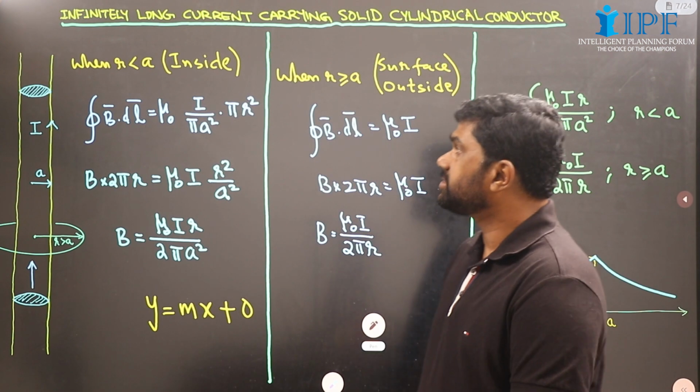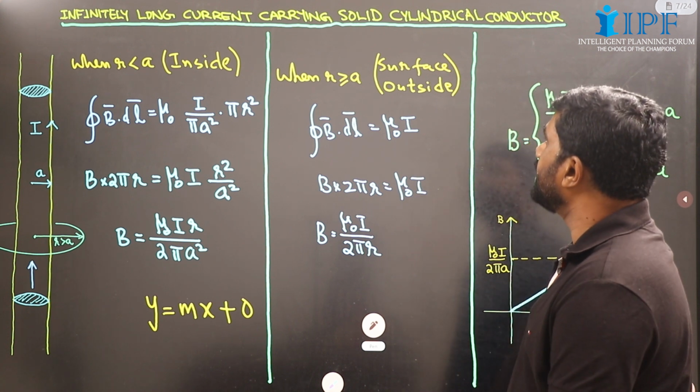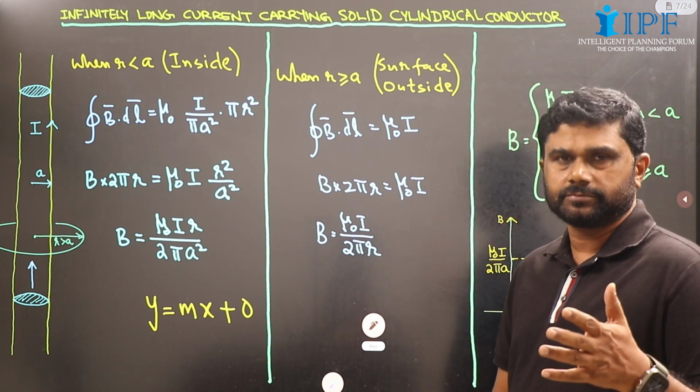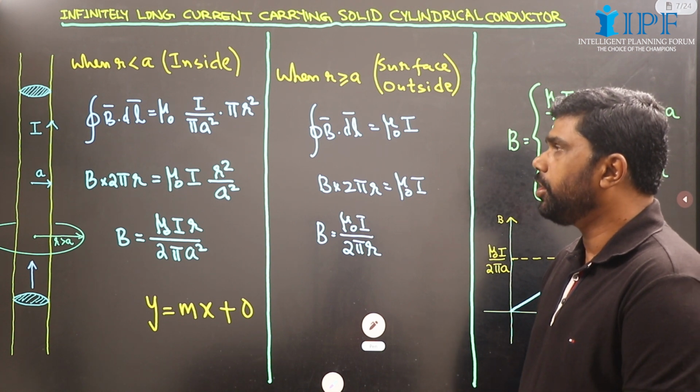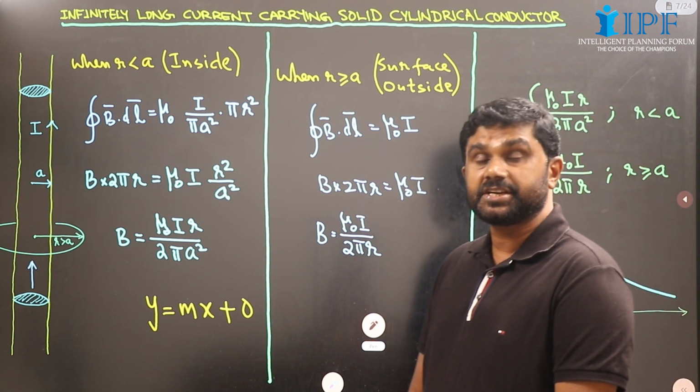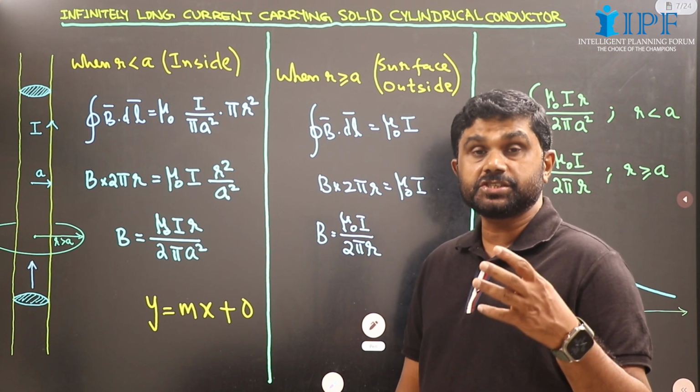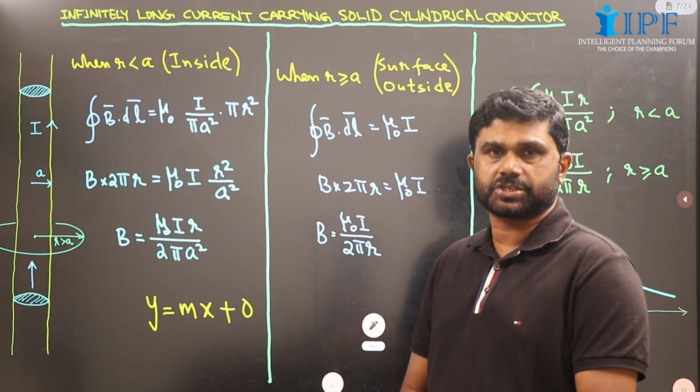Now next, an infinitely long current carrying solid cylindrical conductor. The conductor is of radius small a, it carries a steady current capital I, and the current is distributed uniformly over the cross section.